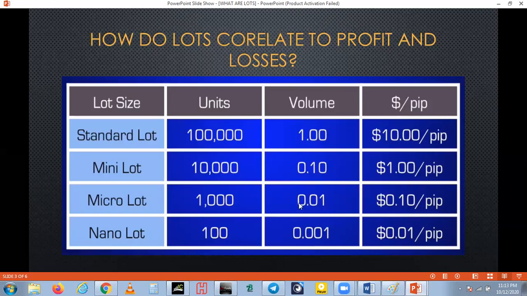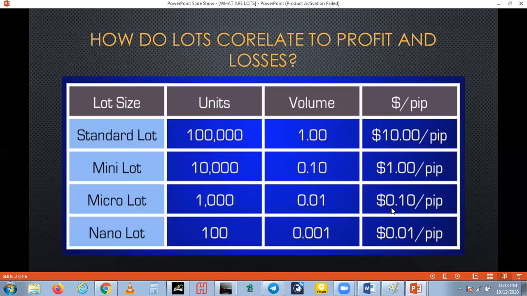That's 1 micro lot for 10 pips. You'll be making $1 instead of 10 cents. Remember I said 0.01 for 1 pip will be 10 cents, so for 10 pips that'll be 10 cents times 10. That's $1. Do you get me?